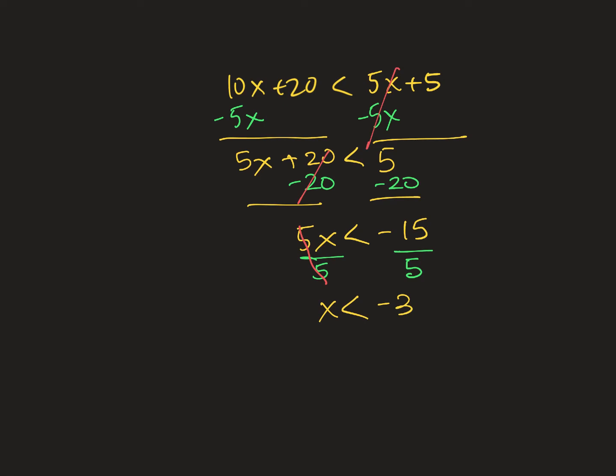And I want to write my final answer in interval notation. So quick graph. Negative 3 is going to be right about there. And if x can be any number that's less than negative 3, that is everything to the left of negative 3, but not including negative 3.